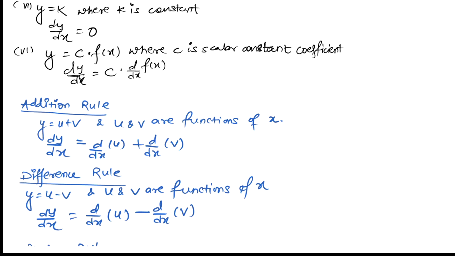So I have to find the derivative of every term separately and then insert the positive sign in between. Similarly, for the difference rule, if y is equal to u minus v, and u and v are functions of x, then the derivative is dy/dx of u minus dy/dx of v.